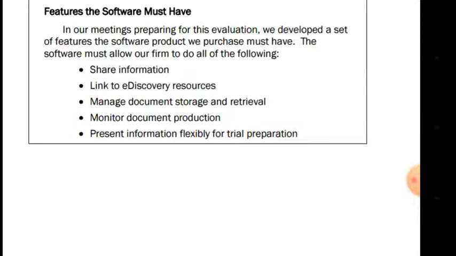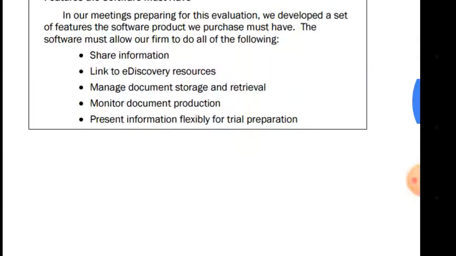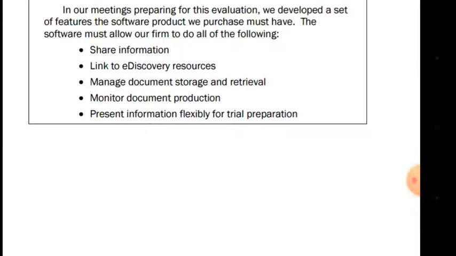The software must allow our firm to do all of the following: share information, link to e-discovery resources, manage document storage and retrieval, and so on, listing contents like that. So the writer breaks the features into a bulleted list and introduces them with an explicit statement, with blank lines before and after the section.